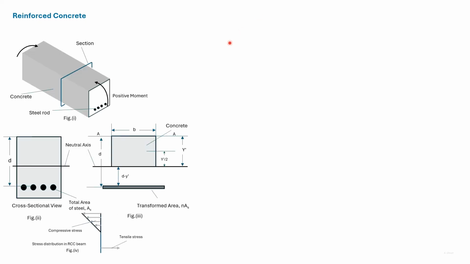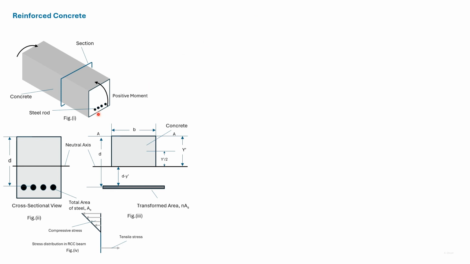Here we look at reinforced concrete. This is a reinforced concrete beam subjected to a positive moment. A reinforced concrete beam is mainly composed of concrete with steel bars embedded in the tensile portion.